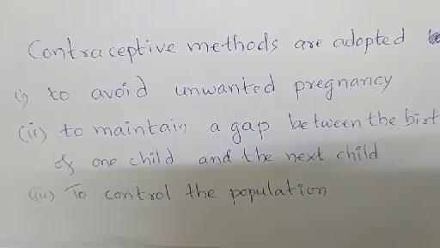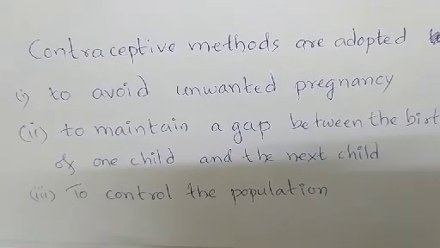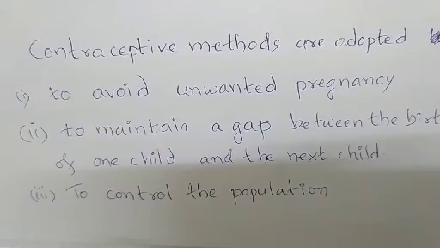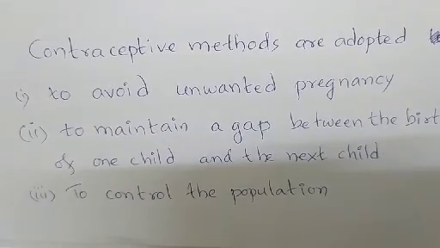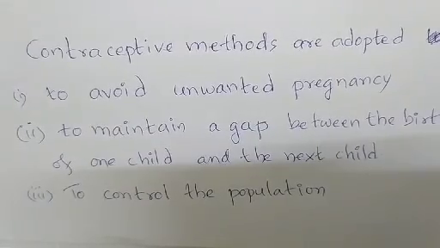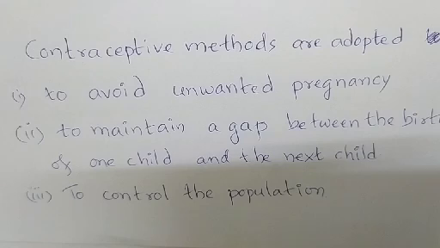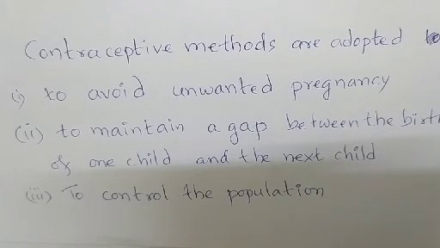If contraceptive methods are not used, especially by village people, they keep on producing new offspring with which the population will increase enormously. If contraceptive methods are followed, then the total number of population will be kept under control. This is the main essence for which contraceptive methods are followed.